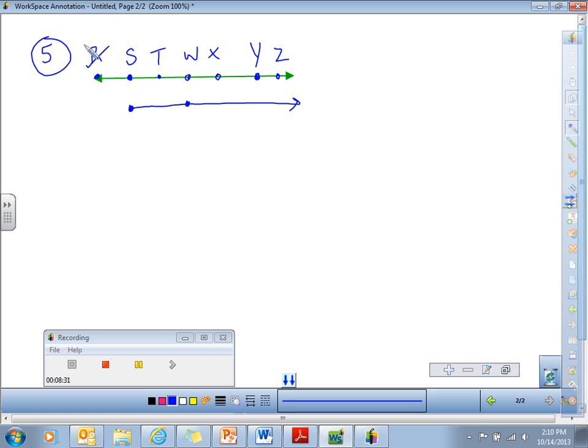No. So we wouldn't say R, we're going to count the other way. 3 units from W would be 1, 2, 3. Is Z on the ray? SY keeps going, so yes, Z would be on there, anything past this. It goes through S, Y, and keeps going. So Z is your answer for number 5.